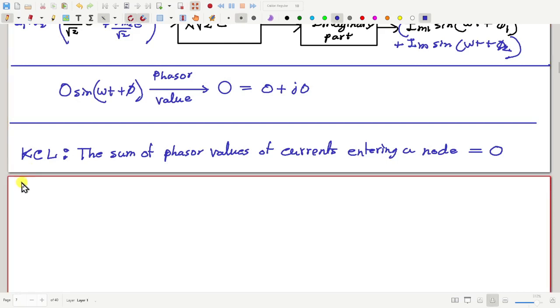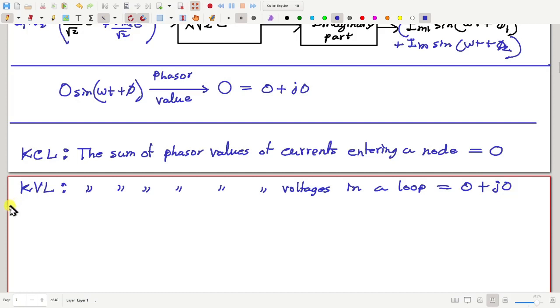In the same way, Kirchhoff's voltage law for AC circuits can be written as: the sum of phasor values of voltages in a loop should be equal to 0, that is 0 plus j0.